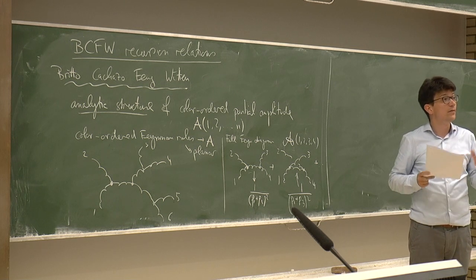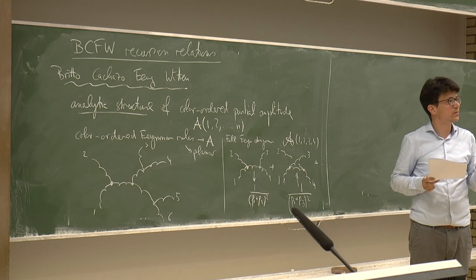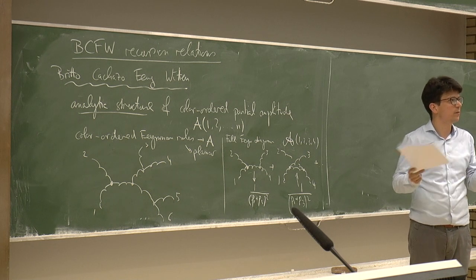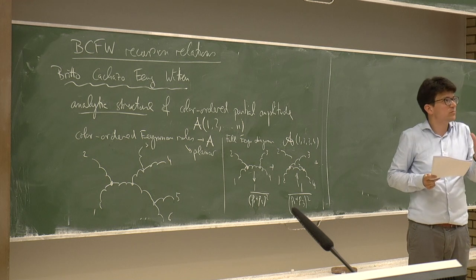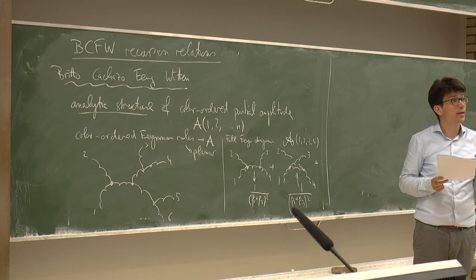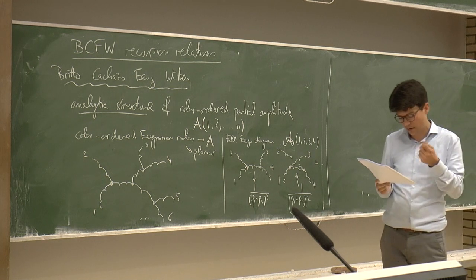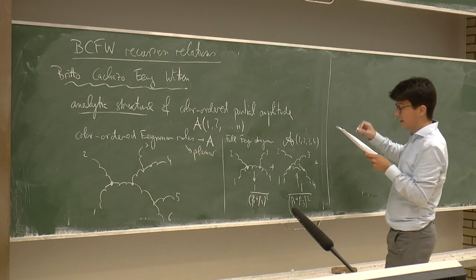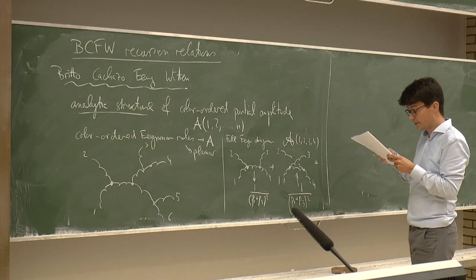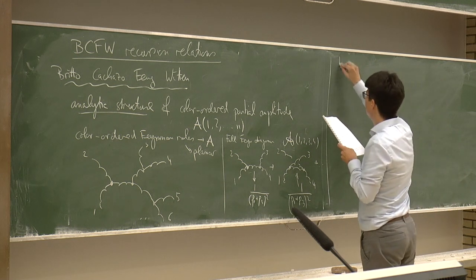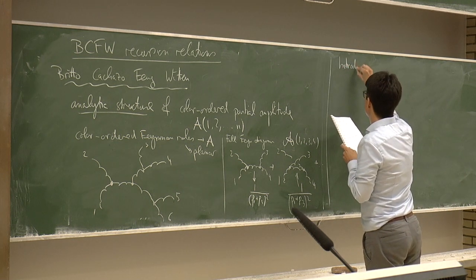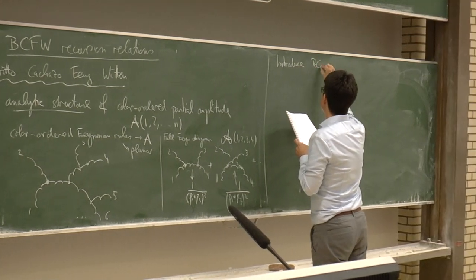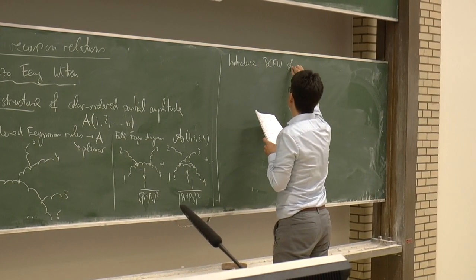Remember that the kinematics is still a little bit constrained, so we cannot just do anything we like. So it is quite interesting how one can introduce a parameter to do this complex analysis in. And this is known as the BCFW shift.